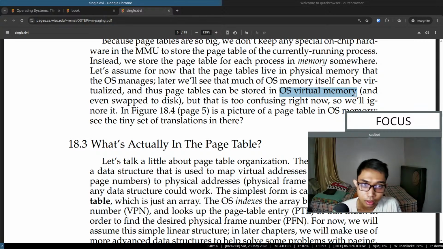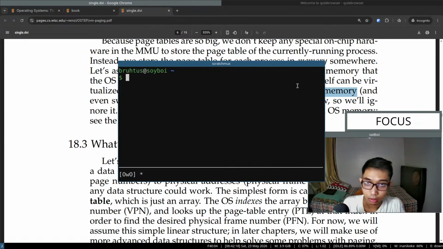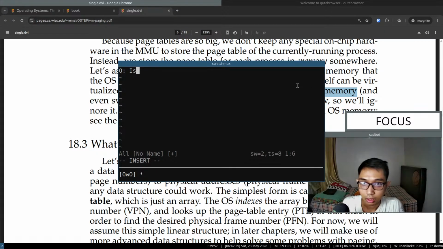Now I'm kind of curious whether the operating system has its own address space. Wait a minute. The question is, does the operating system have its own address space?